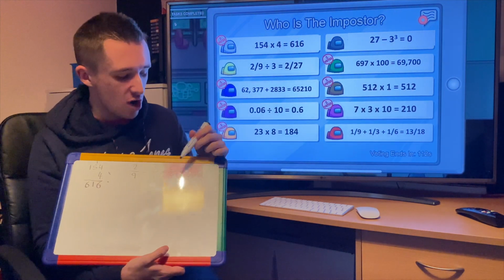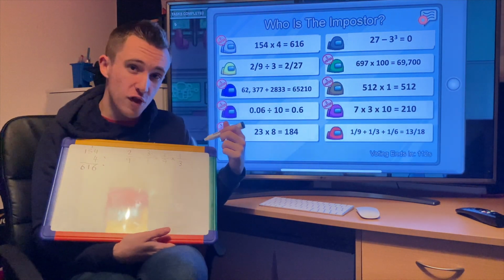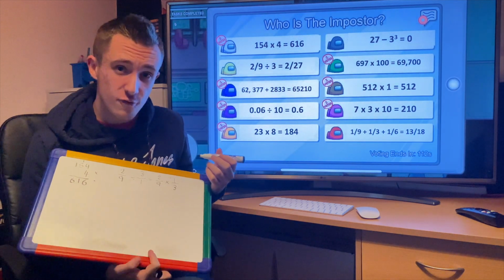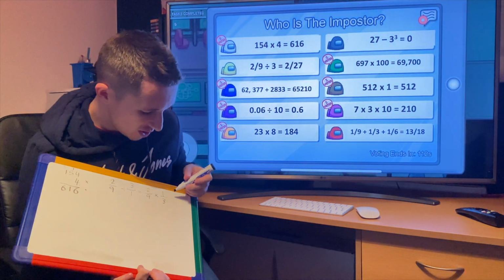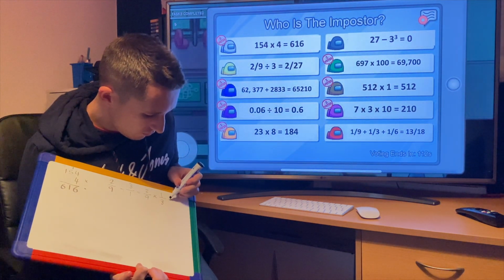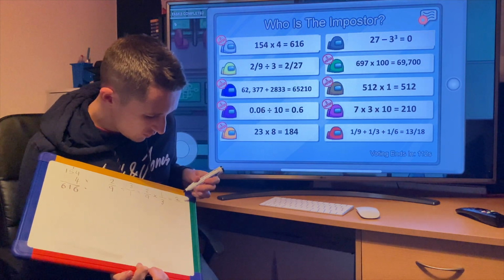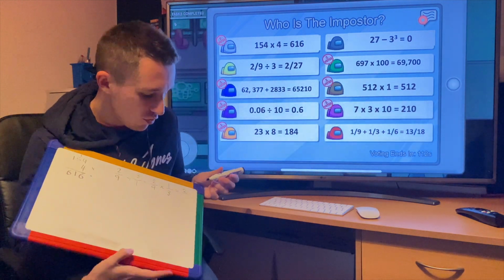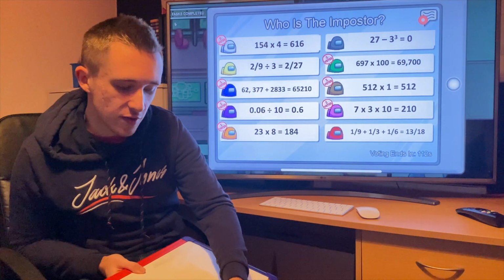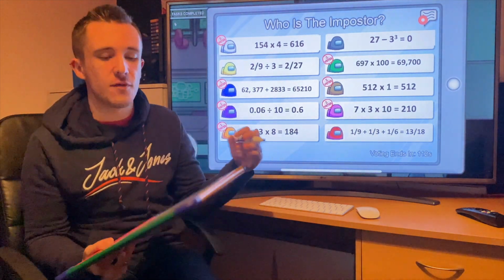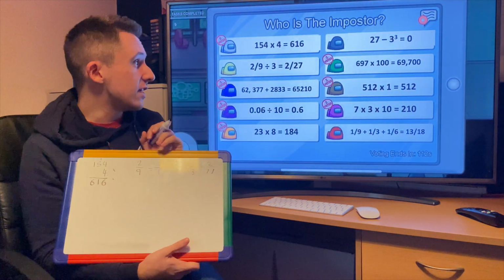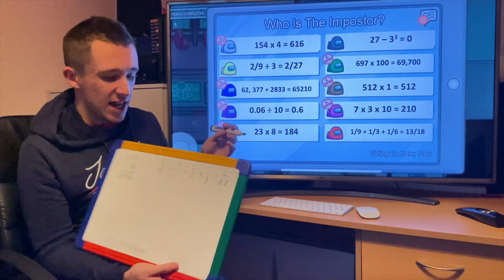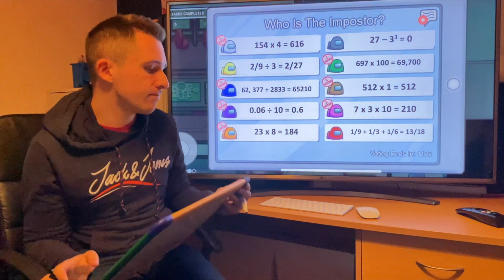So we've now got 2/9 times 1/3. When we're timesing fractions, we just do what it says on the tin. We do 2 times 1, which is obviously 2, and then we do 9 times 3, which is 27. So my final answer is 2 over 27, therefore yellow is correct.